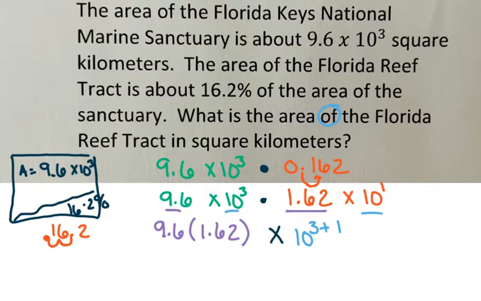Okay, so from there, multiply 9 and 6/10 times 1 and 62 hundredths. And we would get 552 thousandths. So now I need to move that decimal place.